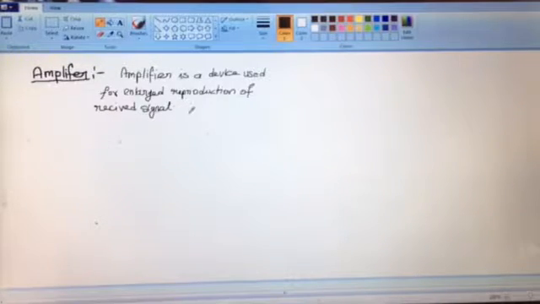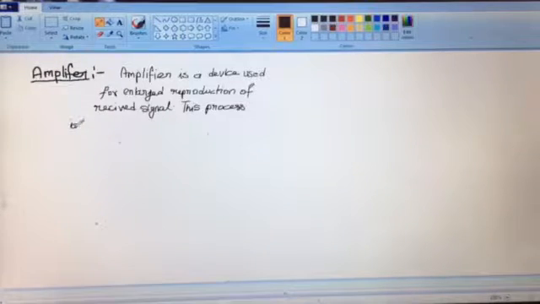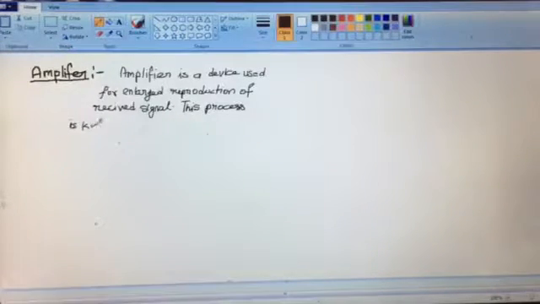And this process is known as amplification.